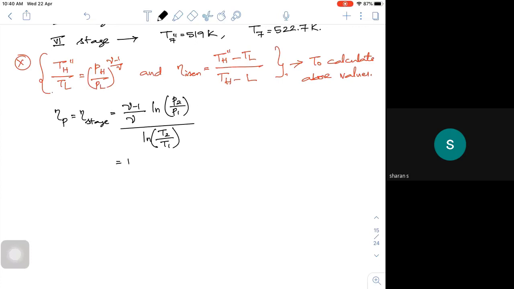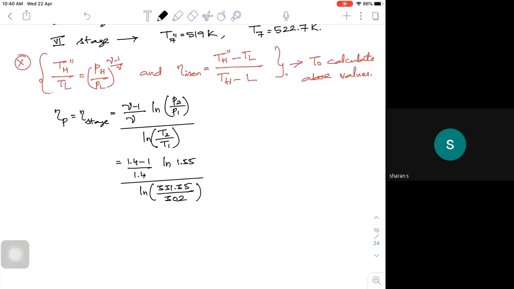So (1.4 minus 1) divided by 1.4, into log of P2 by P1, which is 1.35, and just now we calculated T2 by T1. So log of 331.35 divided by 302.